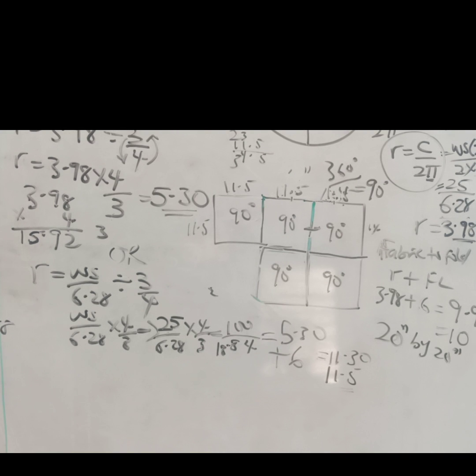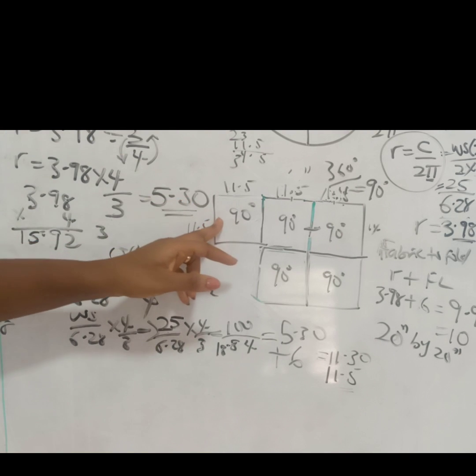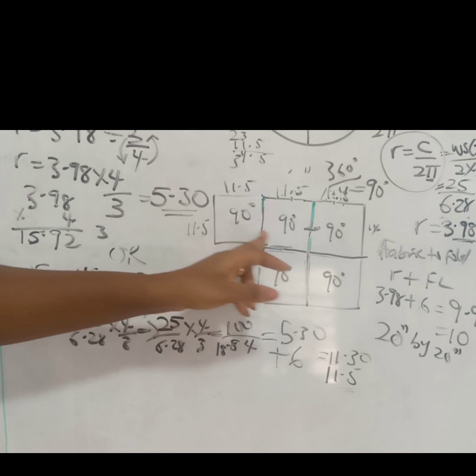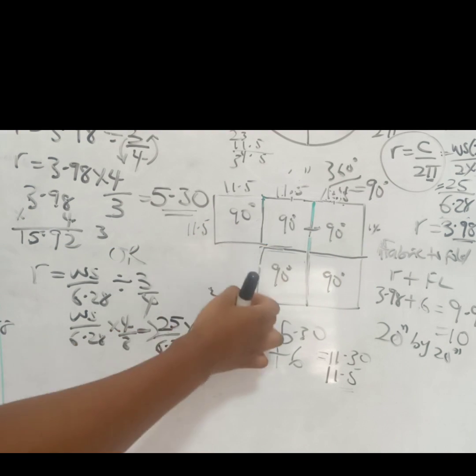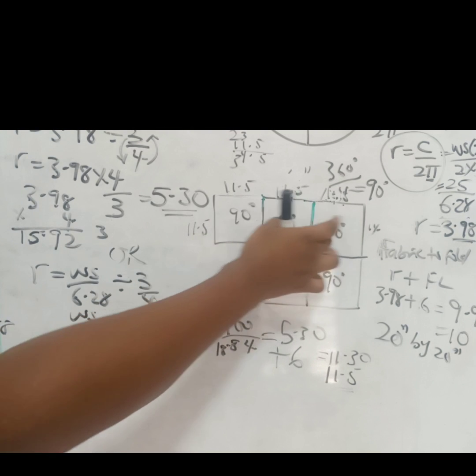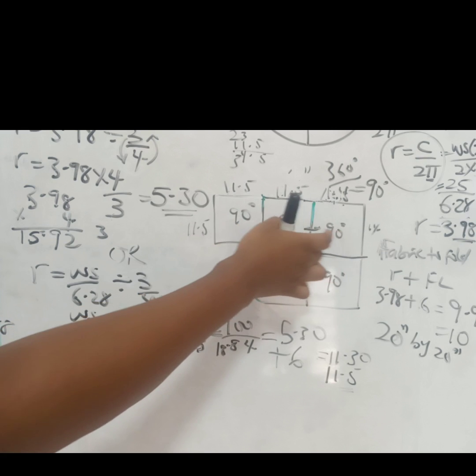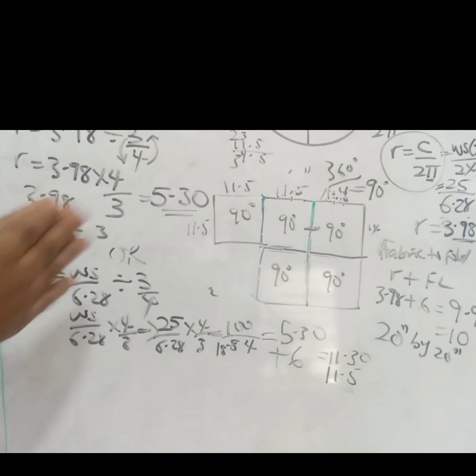Okay, so if your fabric cannot get this length, what you do is just cut out the 90, cut out the 180, then put all of them together before you mark it out. This is what I mean.